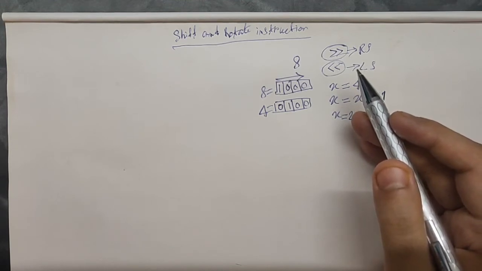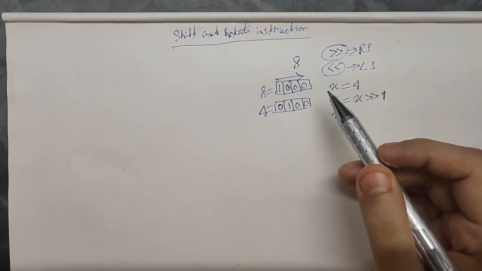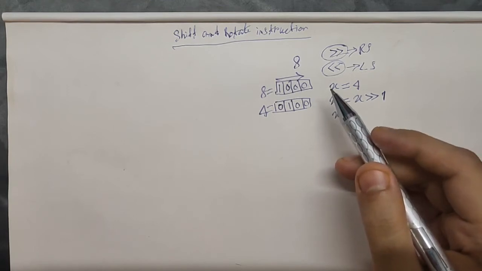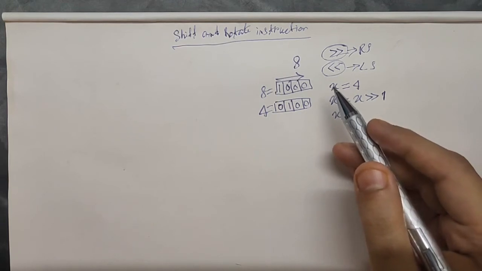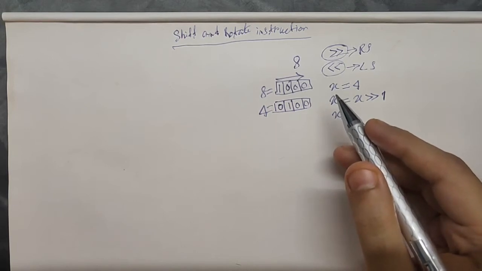But the little difference is that logical shift operates on unsigned numbers, and arithmetic shift operates on signed numbers. I think you know the basic difference between unsigned and signed numbers. If you don't know this, then please inform me. I will definitely make another video on this topic.